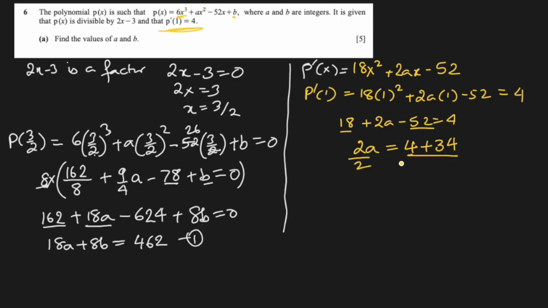Divide by 2, divide by 2. So a is 38 divided by 2, which is 19. That's a. And now we have to find b. Let's put it here. 18 times 19 plus 8b equal to 462. So 18 times 9 is 162. 162 plus 342.